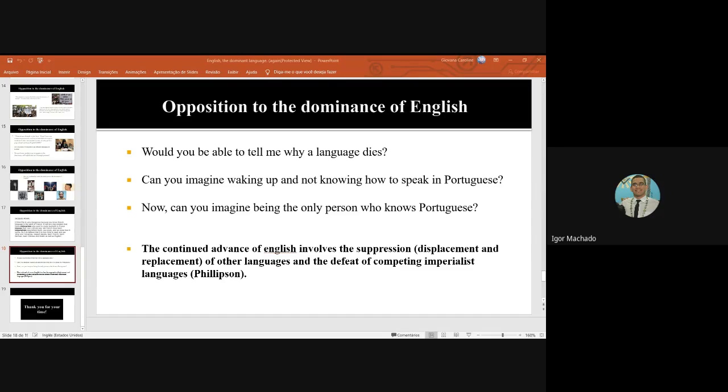Laraya says that it's because the language is alive, and when you have other languages with other cultures, with powerful economics and influence around the world, the language dies.